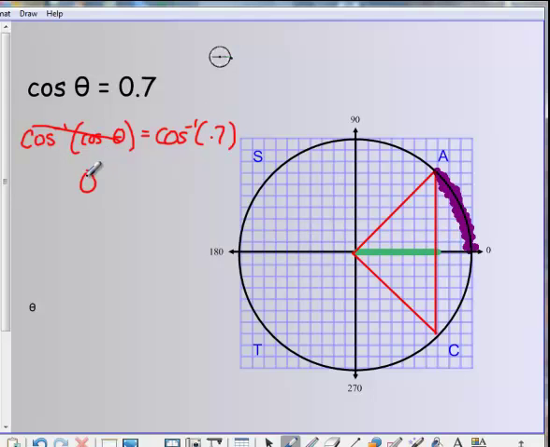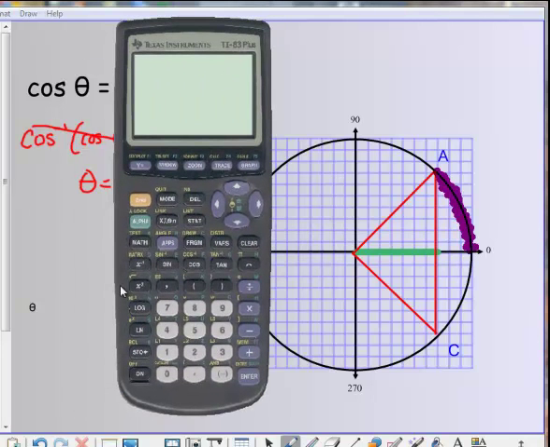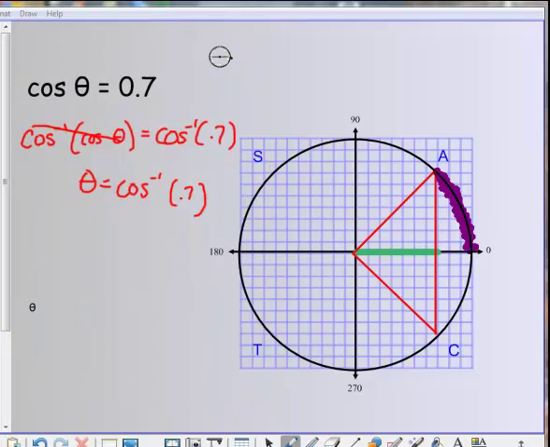Theta is found by taking the inverse cosine of 0.7. Awesome. Calculator. Inverse cosine 0.7. Okay, my angle's 46 degrees. So I found this angle to be 46 degrees. Great, but now I have to figure out my other angle.